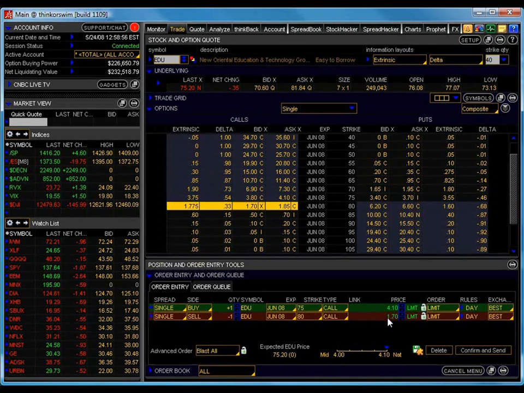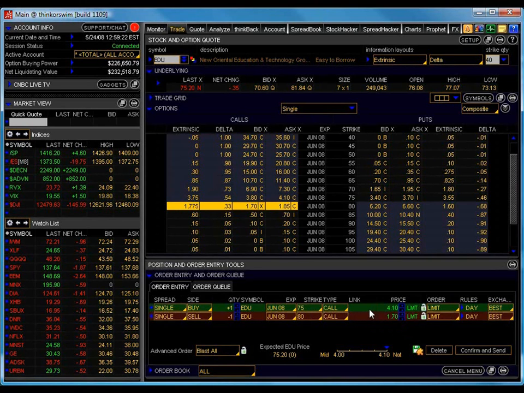If we subtract those two, that is what we pay as a debit for this particular spread. So $4.10 minus $1.70 is $2.40. That's what we would pay to put this vertical spread on.